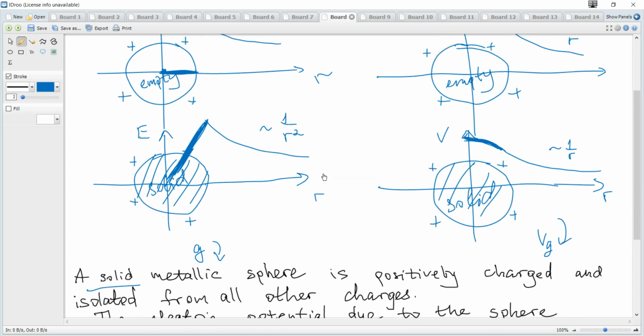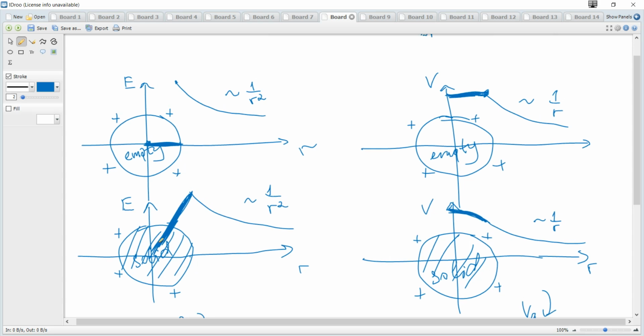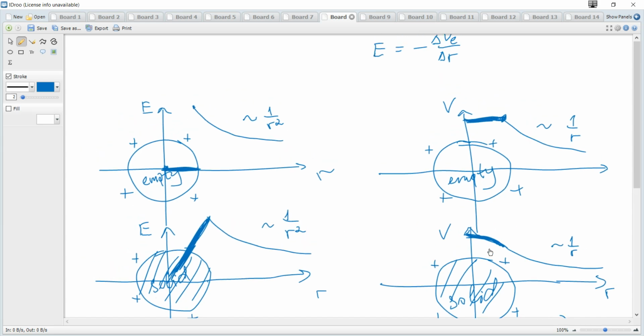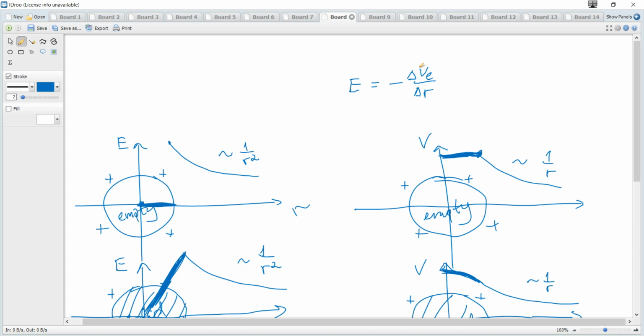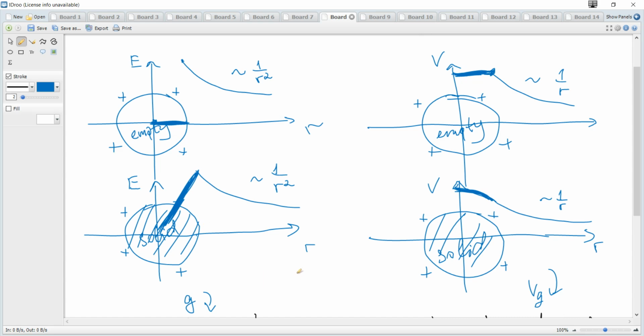But if we consider a solid sphere, meaning not empty inside, the electric field increases linearly inside the sphere and then decreases as 1 over r squared. Hence E is the negative derivative of V, so V is the negative integral, and it looks like a function ax, and the integral is what?